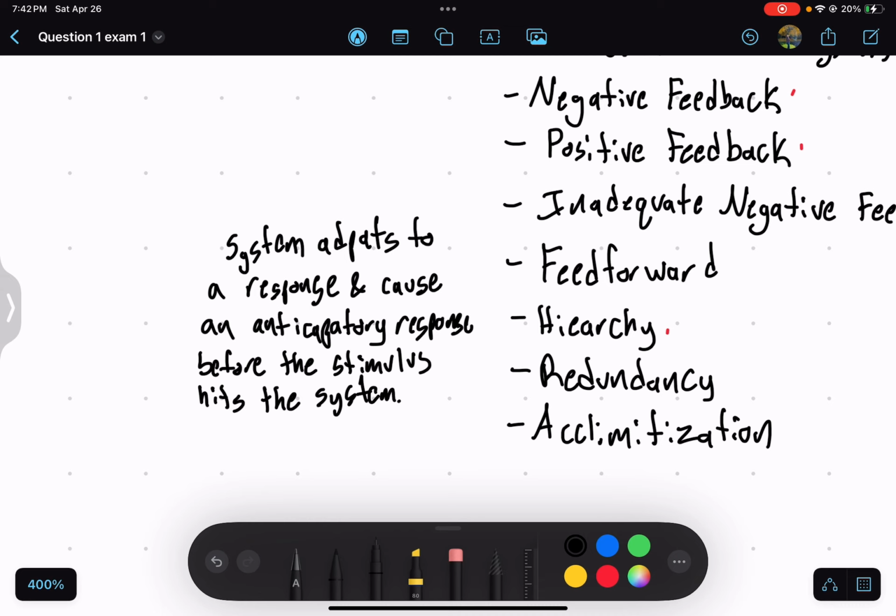So it's sort of like a pre-warning or premeditated attack on something that may happen.